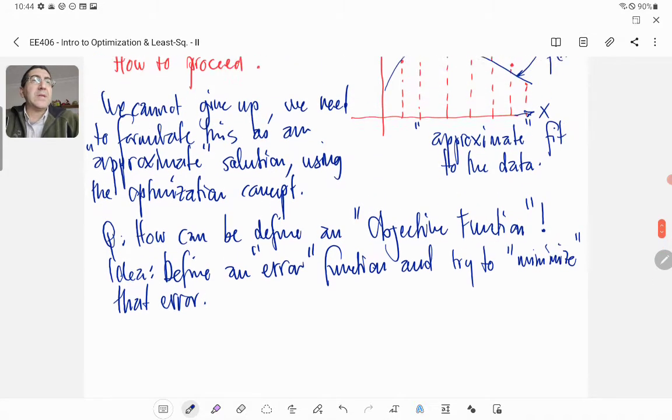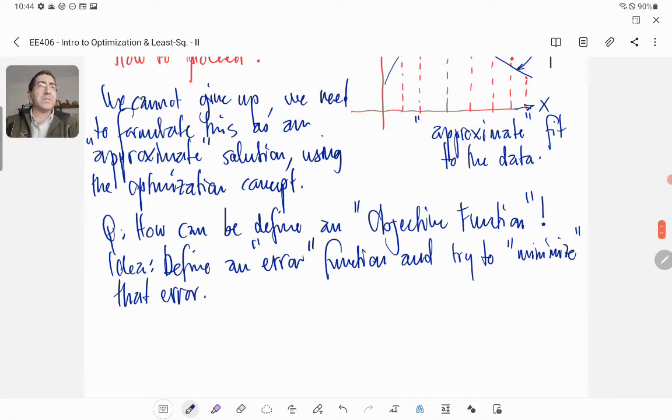Okay, so these concepts are very general, and if you think about many problems, defining a proper objective function is an important part of that problem, and essentially trying to define some kind of an error is an important part of that problem.